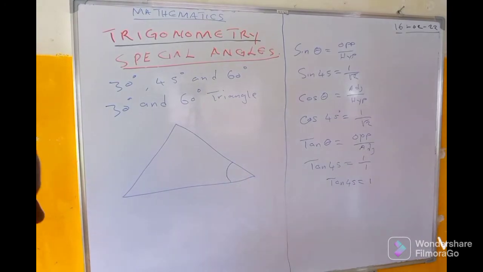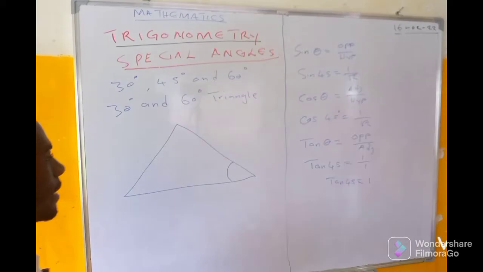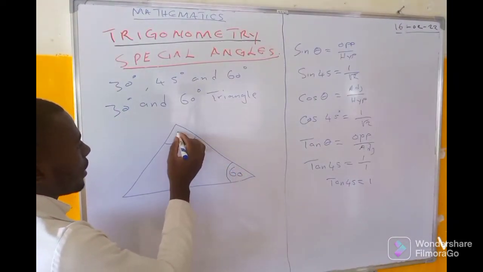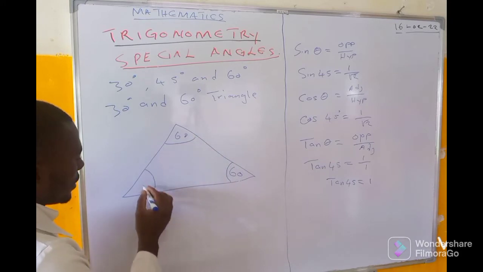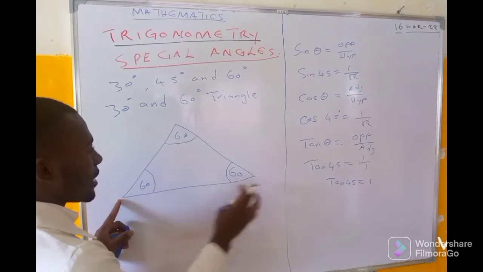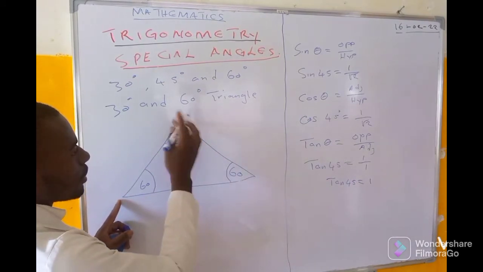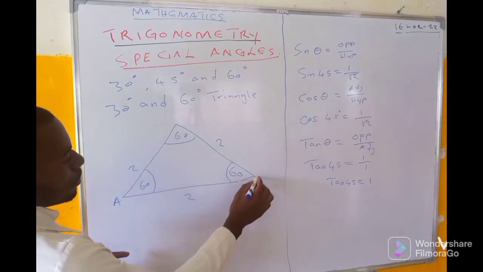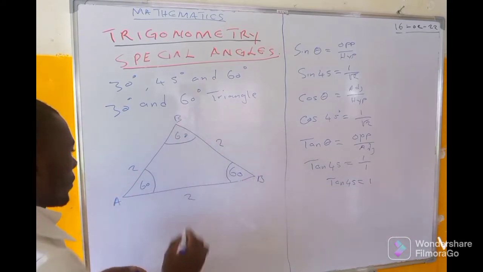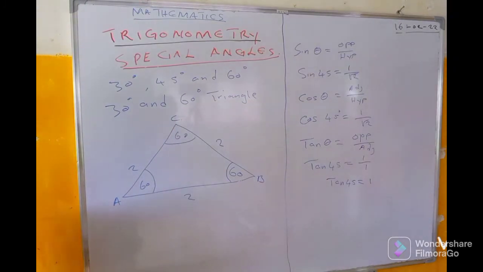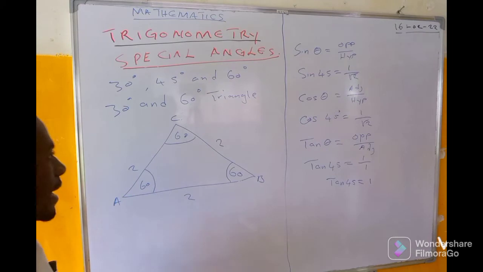An equilateral triangle is a triangle that has the same sides and the same angles. So if you have 60 here, there is also 60, and this one is also 60. That means if your distance here is 2, the other distance there is also 2, and even here it is 2. That is what it means when we say equilateral triangle. It has equal sides and equal angles.